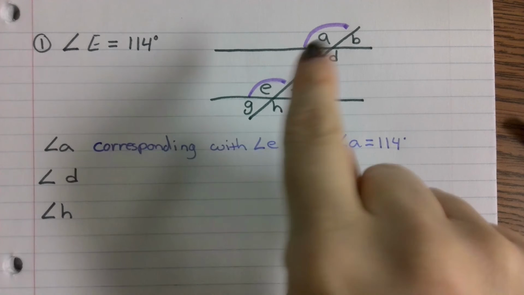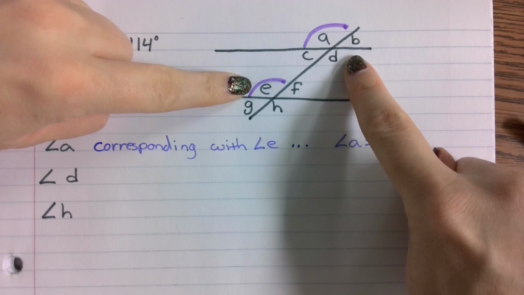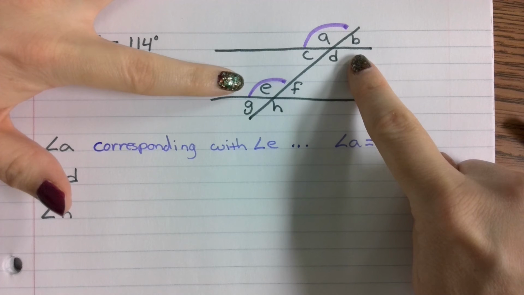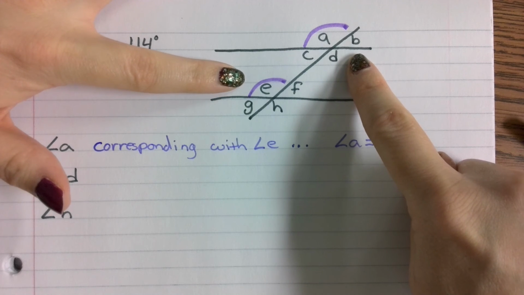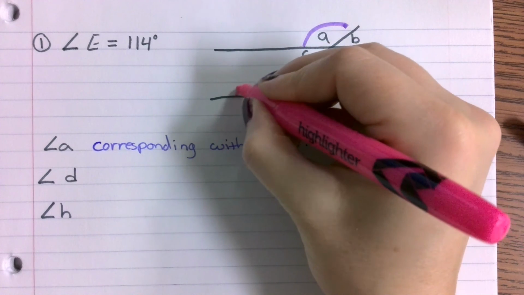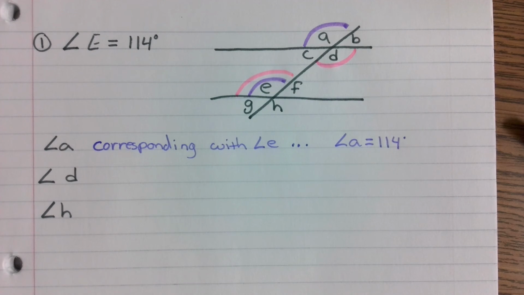Angle D. So how do angle E and angle D relate to each other? What is their relationship, Aiden? Alternate interior. And what color did I do that in? I did alternate interior in pink. E and D are alternate interior angles to each other.